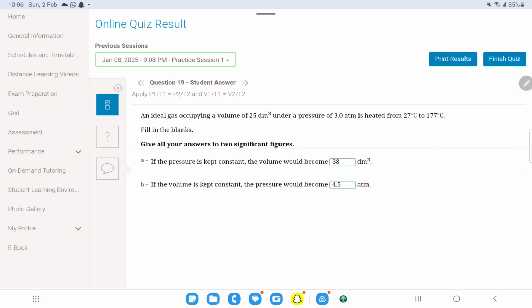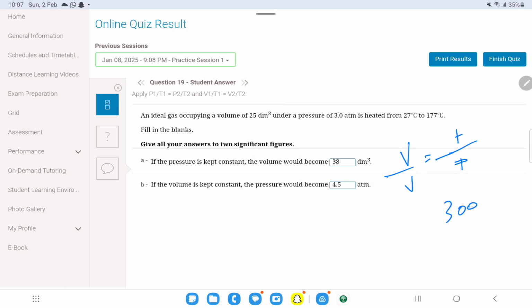An ideal gas occupying the volume of 25 decimeter cubed under a pressure of 3 atm is heated from 27 to 177. If pressure is kept constant, so PV over PV equals nRT over nRT. You remove the n and the R. If pressure is kept constant, so V equals T, the volume will be 27 plus 273.